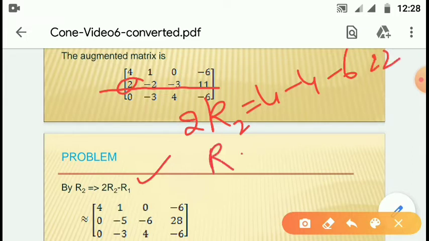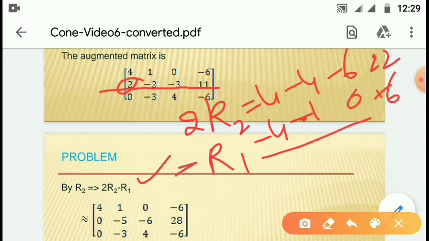And R1 is 4, 1, 0, minus 6. For minus R1, you change the signs: minus 4, minus 1, plus 6. By applying this, 4 minus 4 becomes 0, minus 4 minus 1 becomes minus 5, and minus 6 plus 6 gives 28.